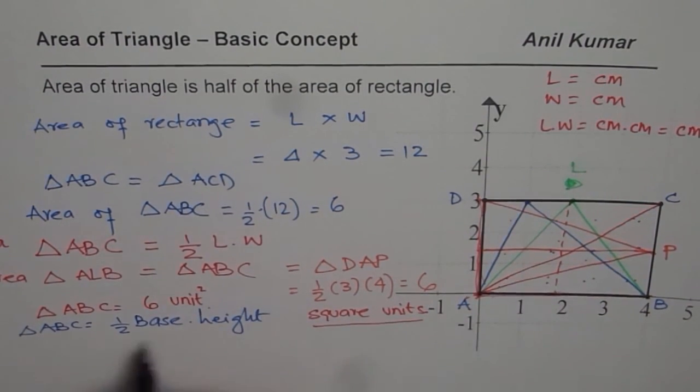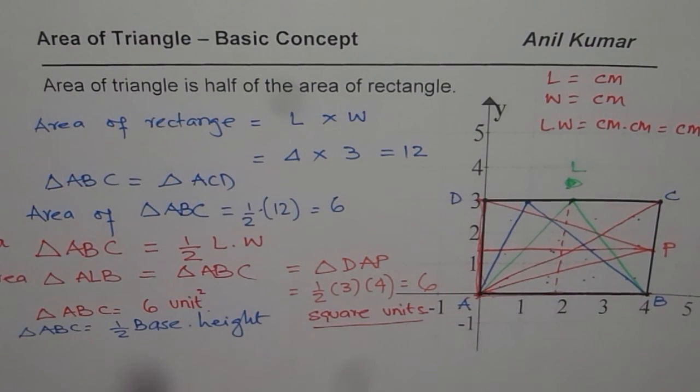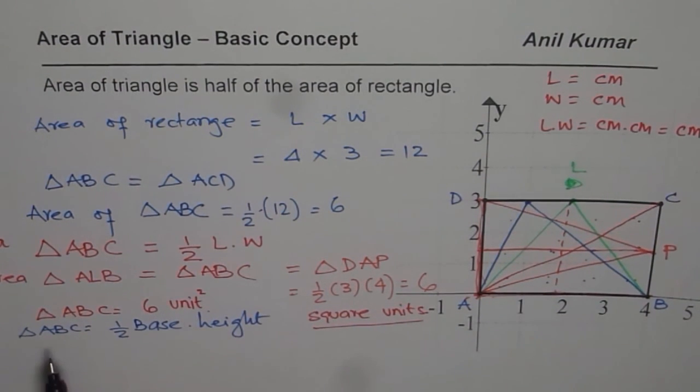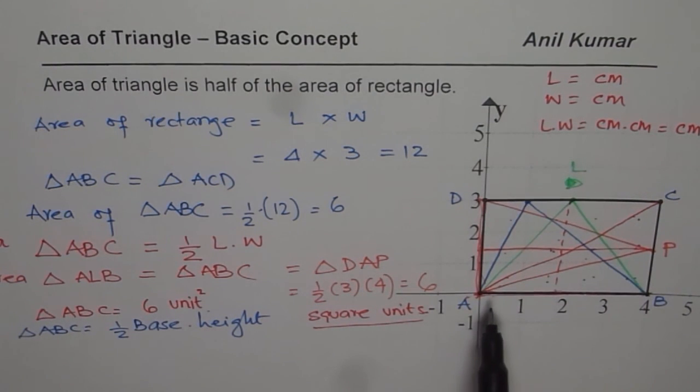So in a triangle we really do not have length and width; we have base and height. So what we see is base times height divided by 2, which is the area of the triangle, and it is always half of the rectangle in which it can be formed.